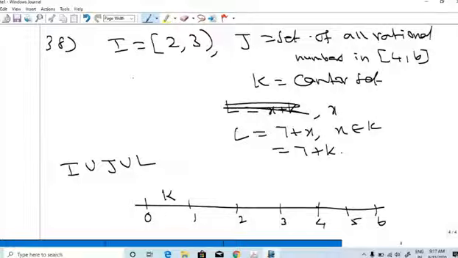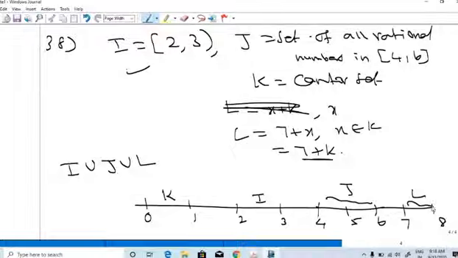I is nothing but [2, 3], so I is here, and J is the set of all rationals in [4, 6], so J should be here. What about L? You have to add 7 to each element in K. Since K is in [0, 1], L should be in [7, 8], because you add 7 to each element.